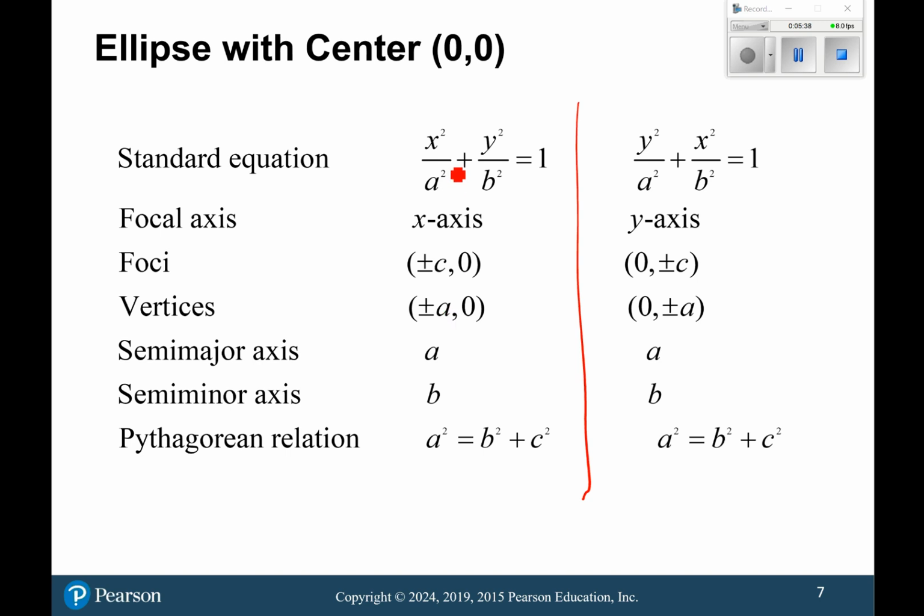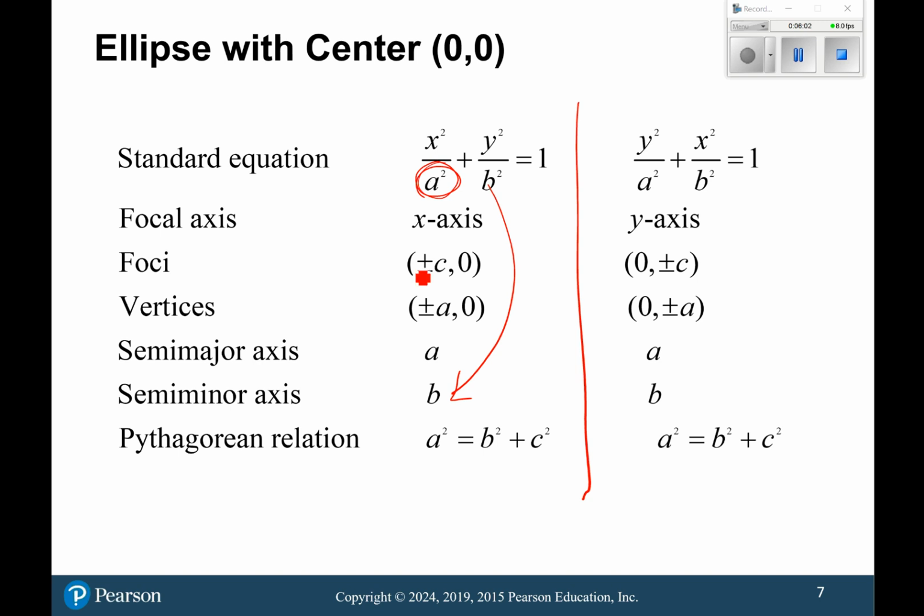So the vertices are going to be, take a look here, the denominator of the fraction, take the square root, plus or minus. So half of our major axis is going to have a length of a. The minor axis is going to be b.